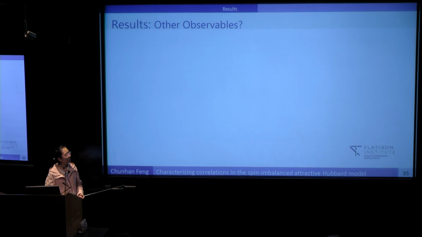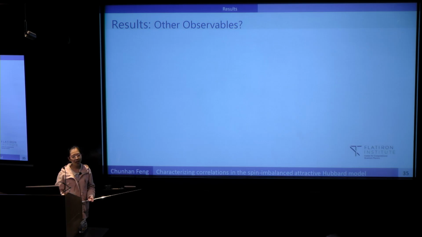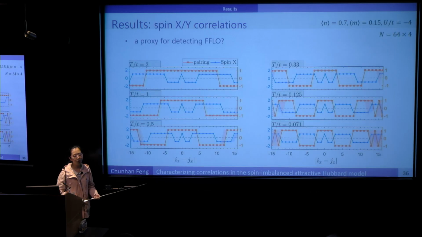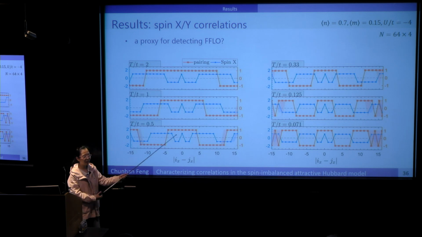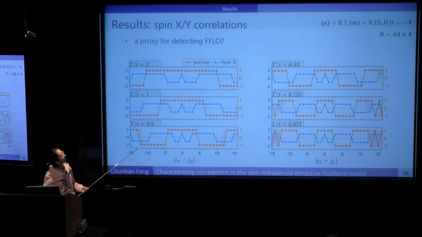As an analogy, in the attractive case, when we see FFLO order modulations in the superconductivity, it's also possible to see modulations in its particle-hole transformation partner, which is the spin X and spin Y correlations.